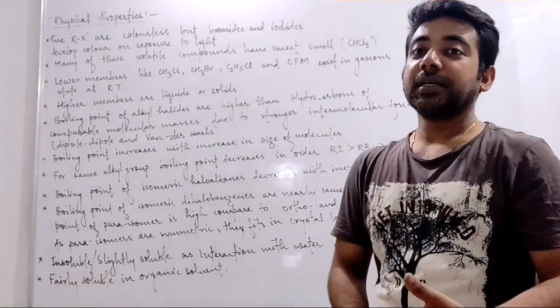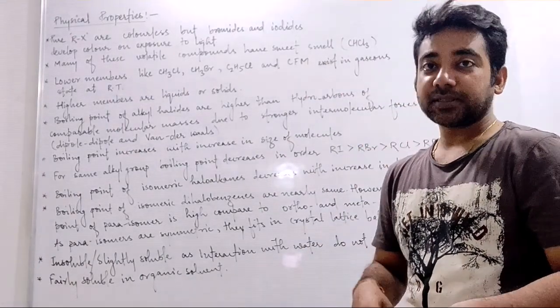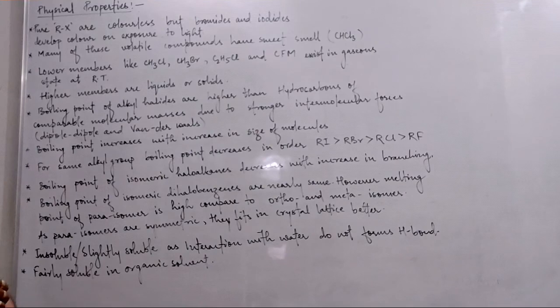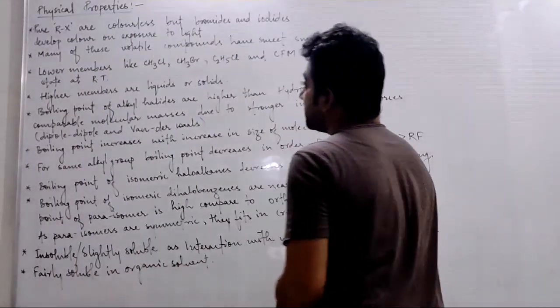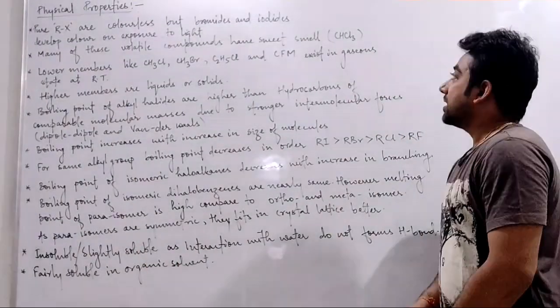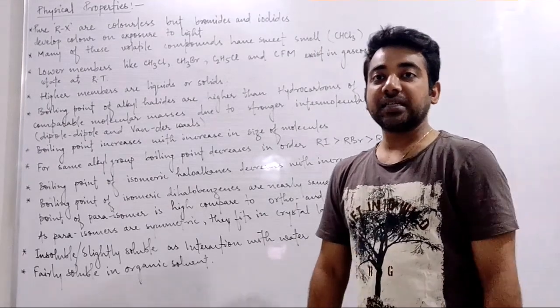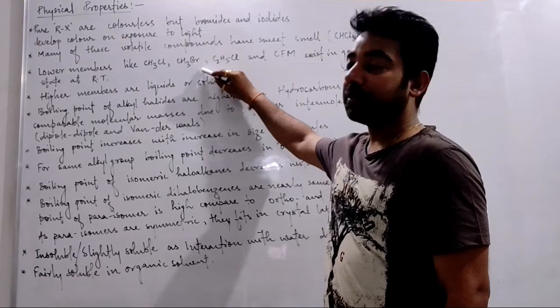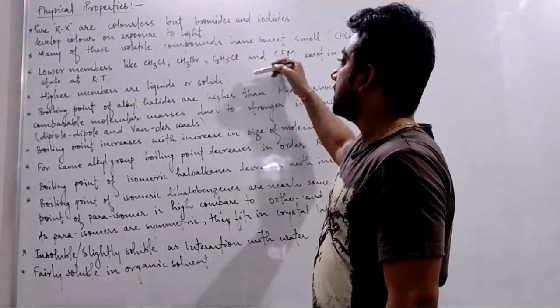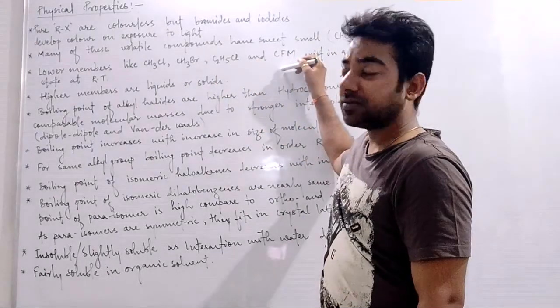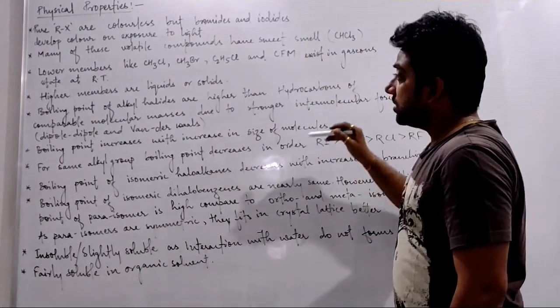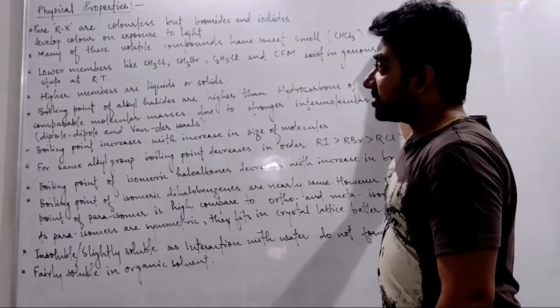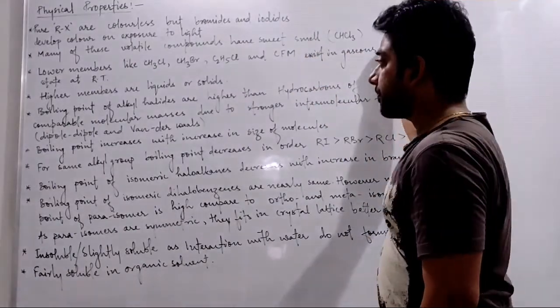लोअर मेंबर्स जो हैं वो रूम टेम्परेचर पे जनरली low members of alkyl halide exist in gaseous state at the room temperature, like methyl chloride, methyl bromide, ethyl chloride, many of the chlorofluoromethanes. These are in gaseous state at the room temperature.